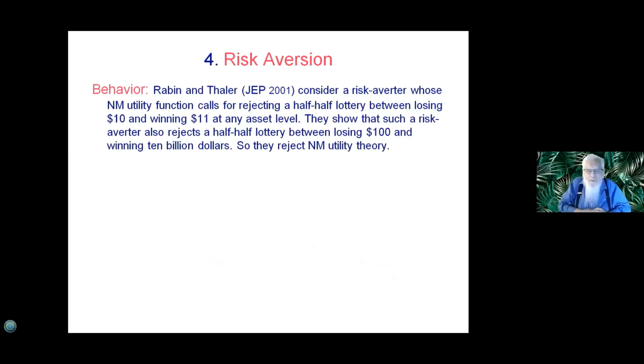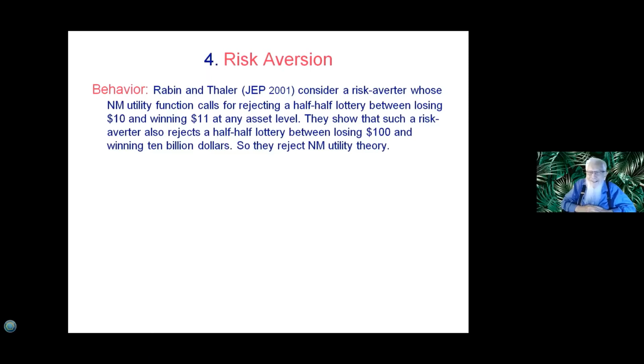Let's talk about risk aversion. Rabin and Dick Thaler, in the Journal of Economic Perspectives, 2001, consider a risk averter whose von Neumann-Morgenstern utility function calls for rejecting a half-half lottery between losing $10 and winning $11 at any asset level. Okay, so they're so risk averse that they would reject that.